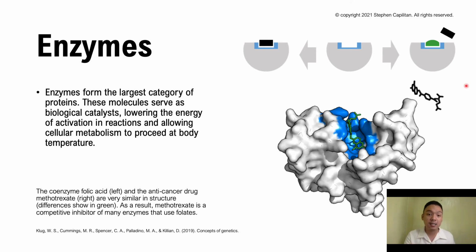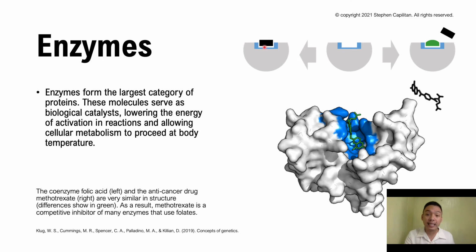You can see this structure, the coenzyme folic acid on the left and the anti-cancer drug methotrexate on the right, very similar in structure, like this green part here. As a result, methotrexate is a competitive inhibitor of many enzymes that use folates.